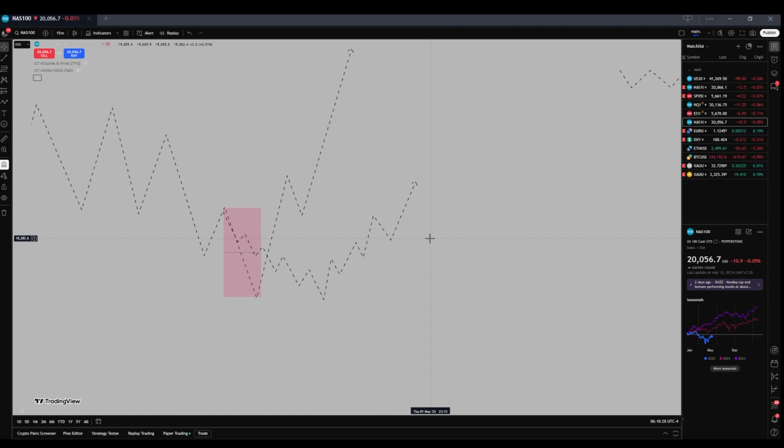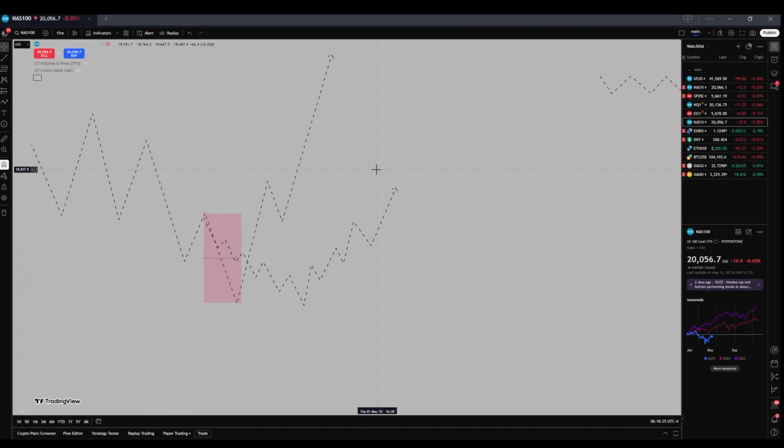That is the very idea of PD array fractality or order block fractality. It's that every time frame has its own sequences of PD arrays, and a 5-minute order block could be a 50-minute this or that.